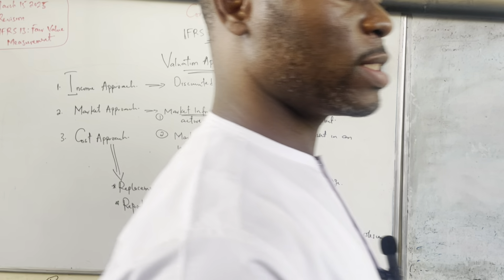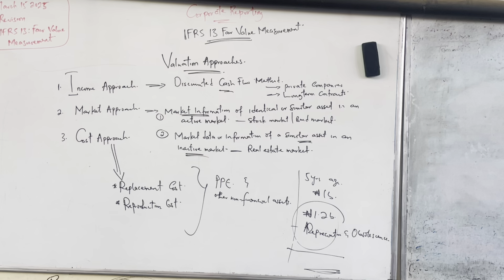So far, what we really want you to be able to do is, they are not really giving you scenarios for you to use cost approach, income approach, or market. They have not really done that, which I believe they should do, because it's still going to be straightforward for you. What they have done so far is just asking you to list and explain the valuation approaches for fair value measurement, and they give you 6 marks for that.